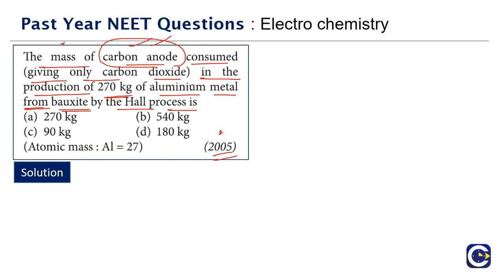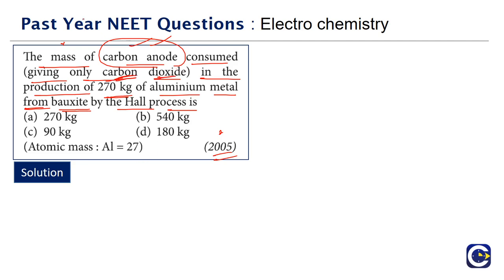Aluminum metal is formed at the cathode, and aluminum has very high affinity for oxygen. So we make the carbon anode a sacrificial substance, because whatever oxygen is formed will readily combine with the carbon anode and form carbon dioxide. So we prevent the oxygen from attacking the freshly prepared aluminum. That's what happens in this process.